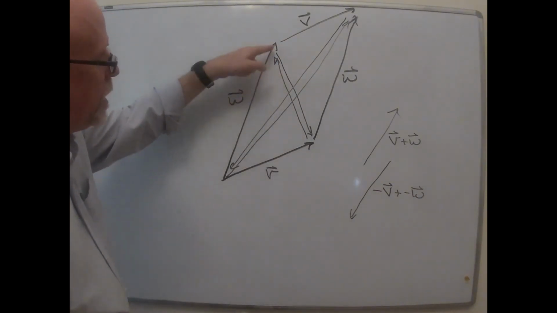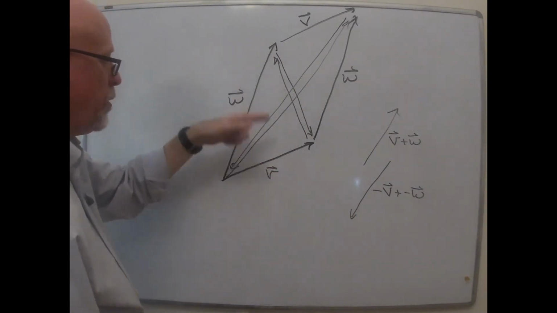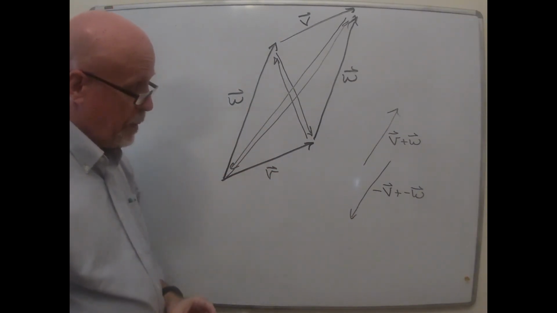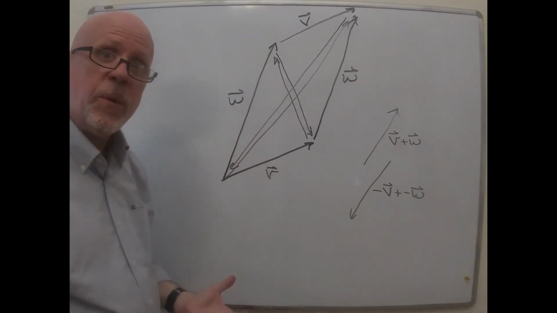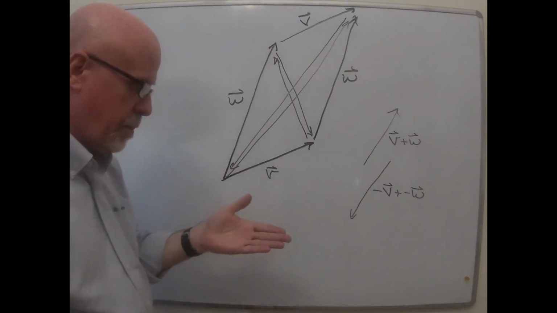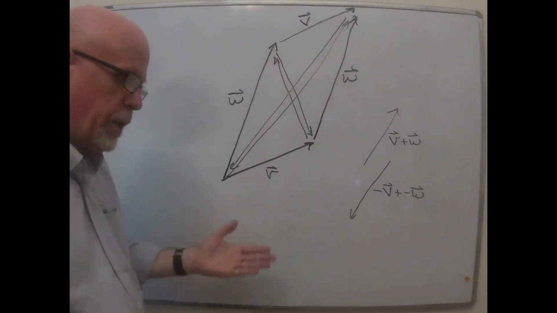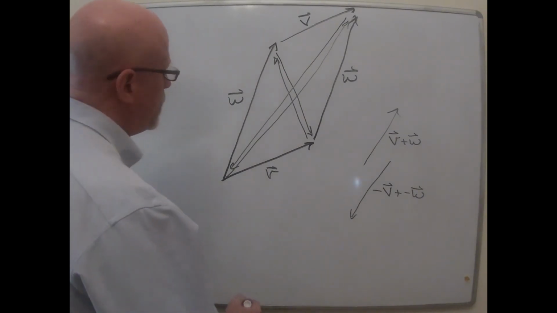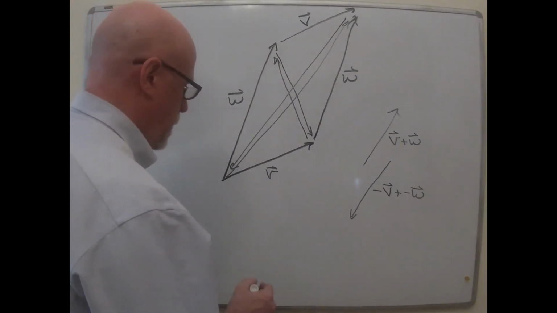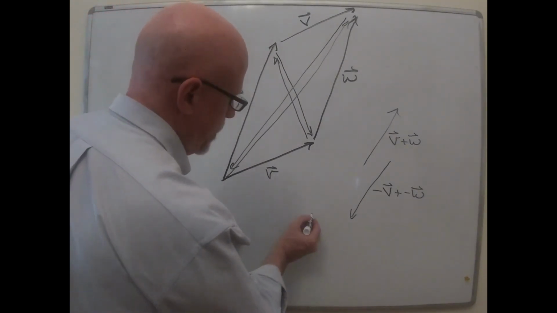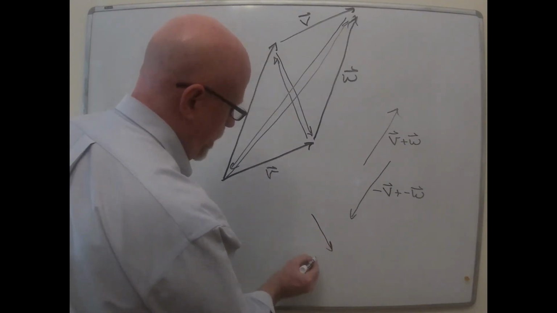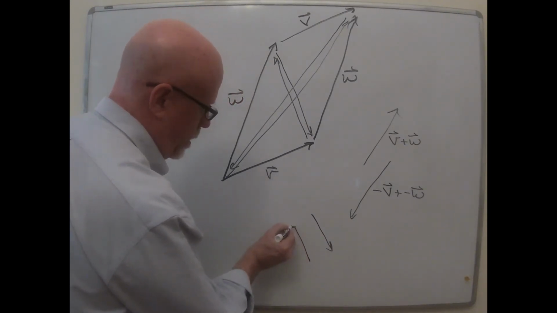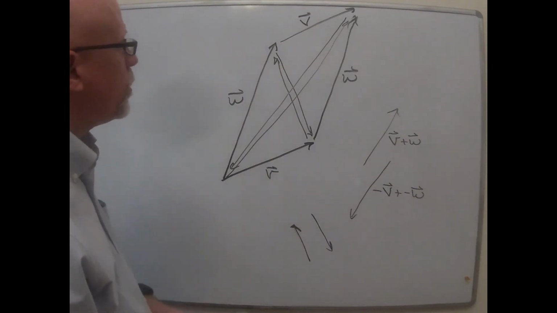And then these other two are v minus w and w minus v. You know that subtraction doesn't commute, even in ordinary arithmetic. 6 minus 3 is not the same as 3 minus 6. So, which is which? I have a hard time with this. One's that way, one's this way. Let me try to sort out which it is.